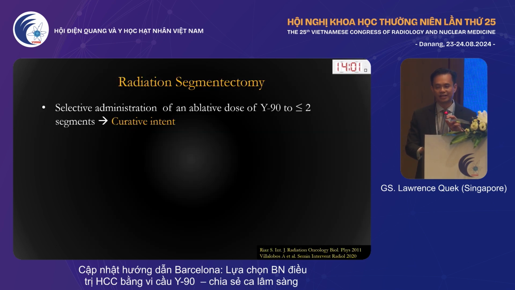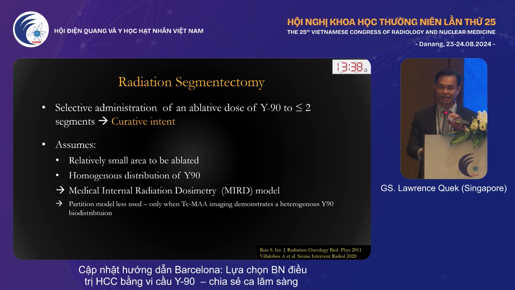So what has changed? I think I'll show some studies. So before we go into Y90 per se, just the concept of radiation segmentectomy. So what is that really? It's basically giving an ablative dose, a high dose of radiation through the feeder arteries to the tumor, big enough so that you ablate it with a curative intent. Okay?